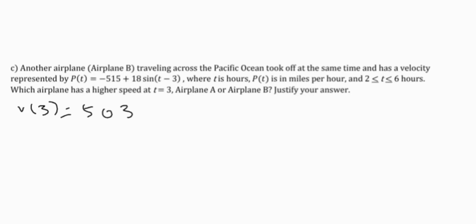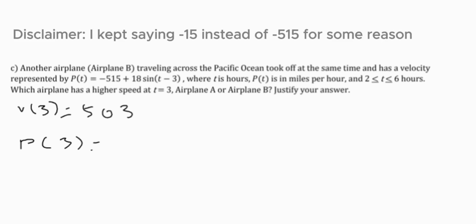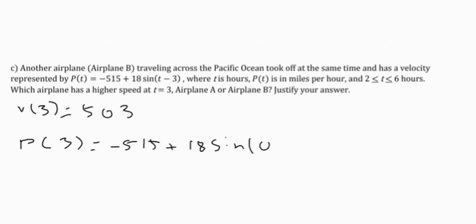So now let's solve for p of 3 using the equation they've given us. So we know that p of 3 is equal to negative 15 plus 18 sine of 3 minus 3, which is just 0. So we know that sine of 0 is equal to 0. So that means that p of 3 is equal to negative 15.